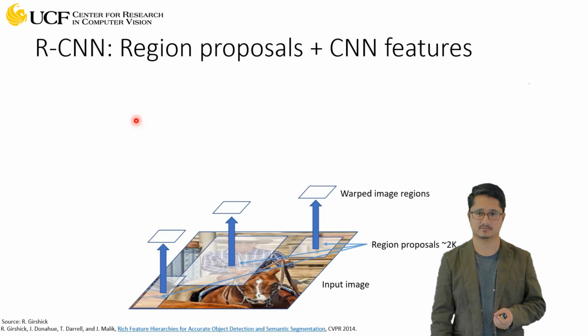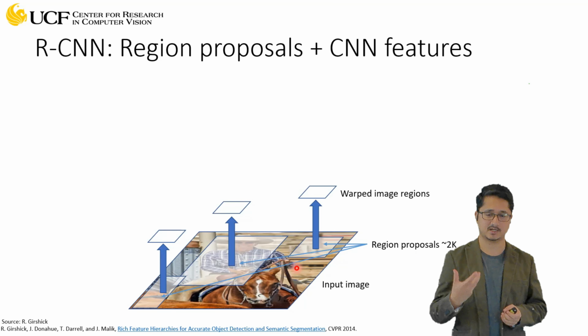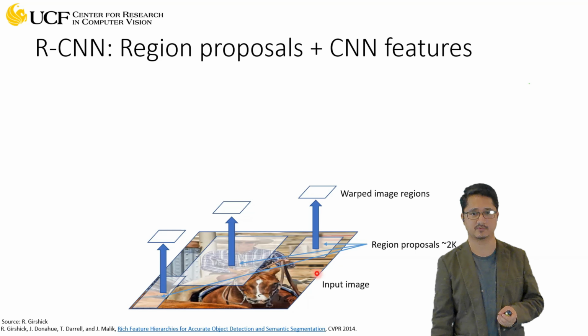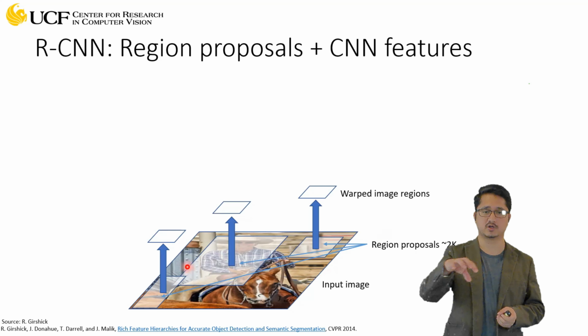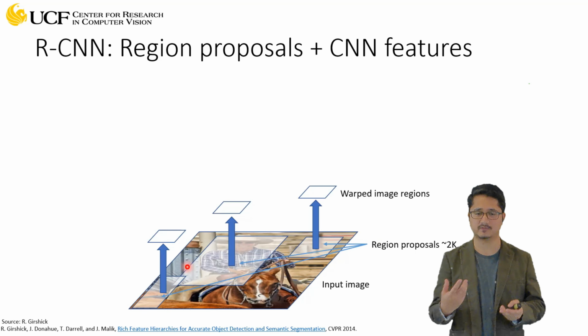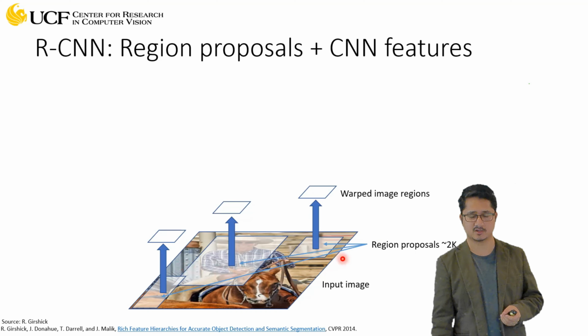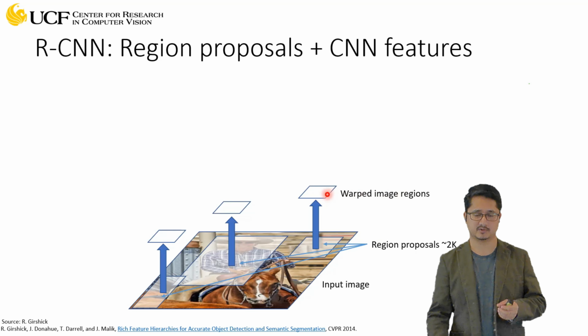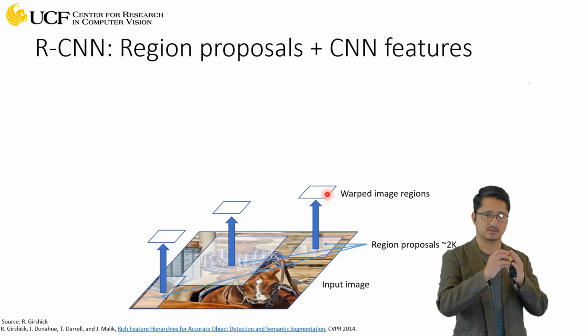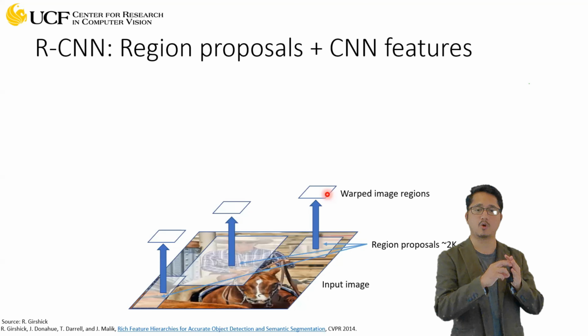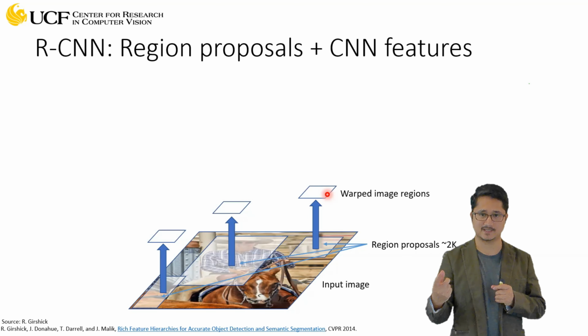Now, what we do is, given an input image, we first run that pre-processing algorithm, which will give you these region proposals. Okay, it will give you all the bounding boxes, possible locations with different scales, varying scales. Now, what you do is for each bounding box, you will actually try to warp that image. So you will make sure that you reshape all the proposals into the same resolution.